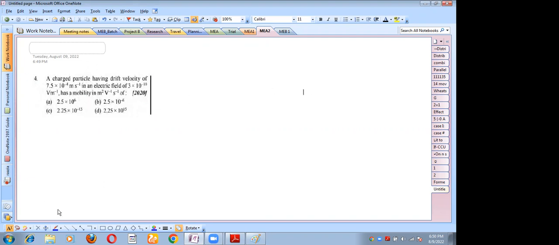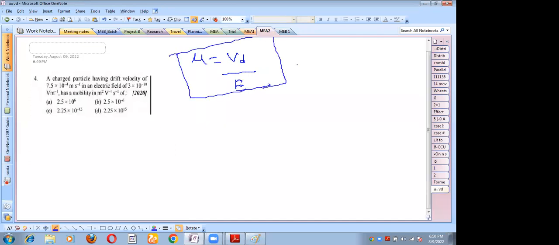We know what mobility is. Mobility mu is equal to drift velocity upon electric field. This is the formula for mobility. You may have studied this. mu is equal to vd by E. Apply that and get me the answer. So if you apply that, what is the vd? 7.5 into 10 to the power minus 4.